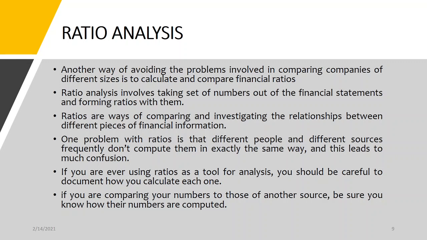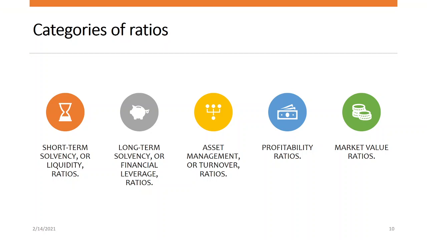So if you are using ratio analysis as a tool of analysis, you should be very careful to document the way you calculate each of them, so that when somebody is comparing ratios, you know that the basis of computation is the same. If you are comparing your numbers to those of another, be sure you know how their numbers are computed.